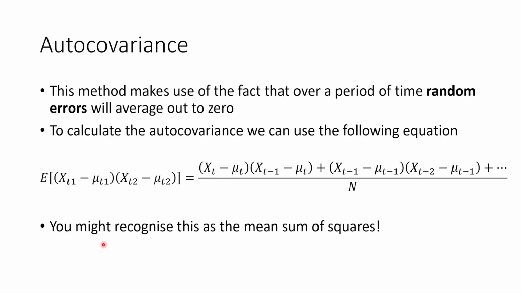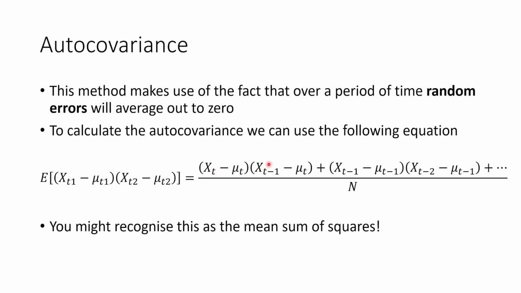And this method makes use of the fact that when you have random errors, over a period of time, all of these random errors will average out to 0. And we can calculate this autocovariance using this equation, where each of these x t minus 1, etc. are measurements of the position of the car in this case at different moments in time.